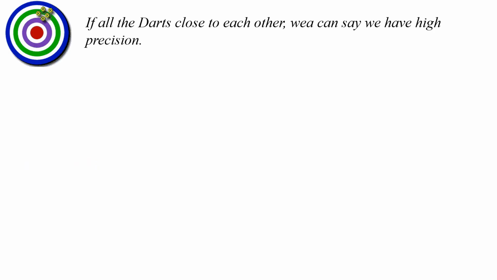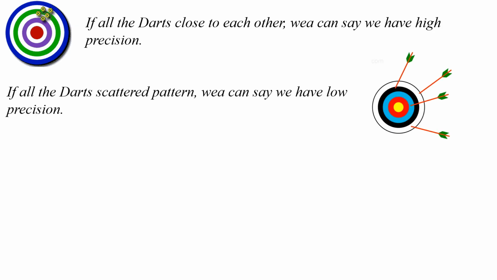Similarly, with the same darts example, we will see precision. Let's consider that if all the dots are close to each other, then we can say that we have high precision. If all the dots are in a scattered pattern, then we can say that it has low precision.